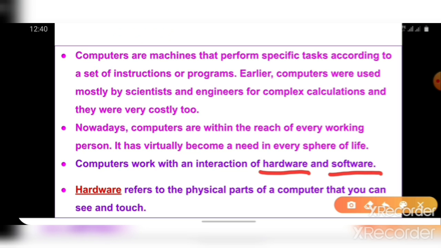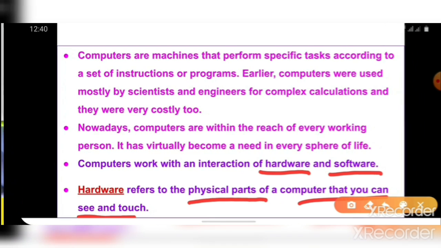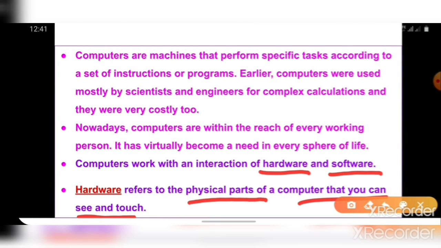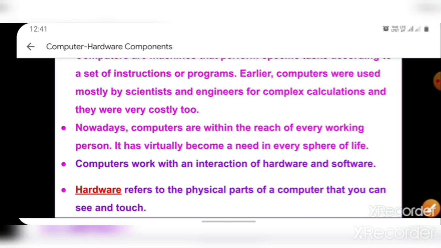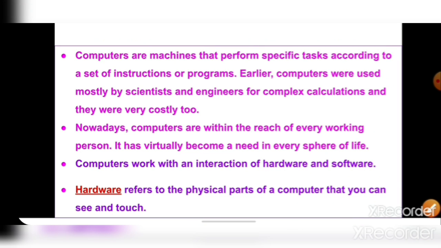Now, what is hardware? Hardware refers to the physical parts of the computer that you can see and touch. Any part of a computer which you can see with your eyes and touch with your hands is called hardware. This chapter is about the hardware components of the computer.